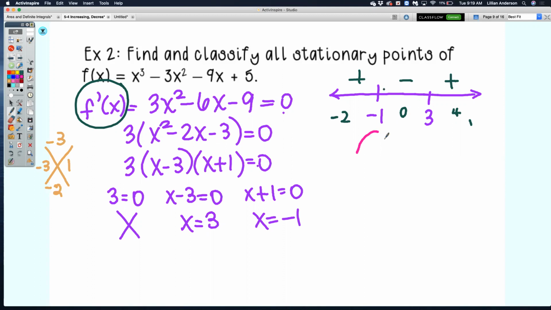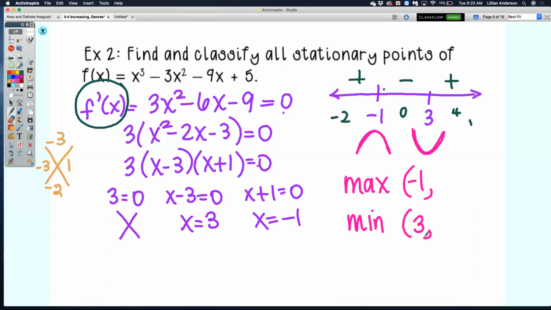Maximum. And then what about at 3? A minimum. It's a minimum because I'm going from negative to positive. So I have a maximum at the x value of -1, and I have a minimum at the x value of 3.